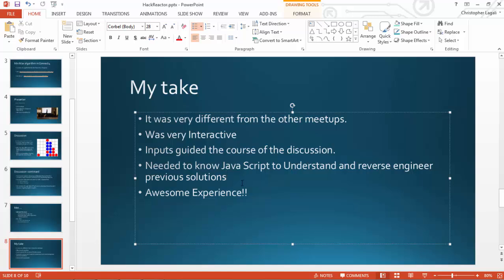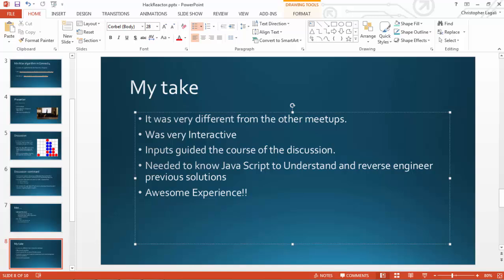We had to guide the application and the function development, and we did get some guidance from the speaker where he said, "No, this approach is too laid back. Let's take a more aggressive approach." And then he would guide us down through the function. He also explained the functions to us, so it was more of a give and take meetup rather than you just taking in a lot of information.